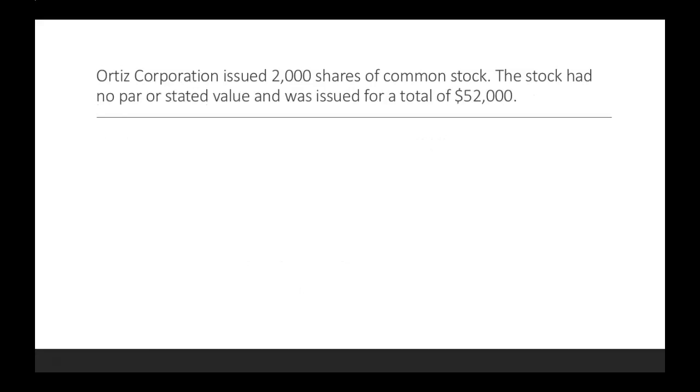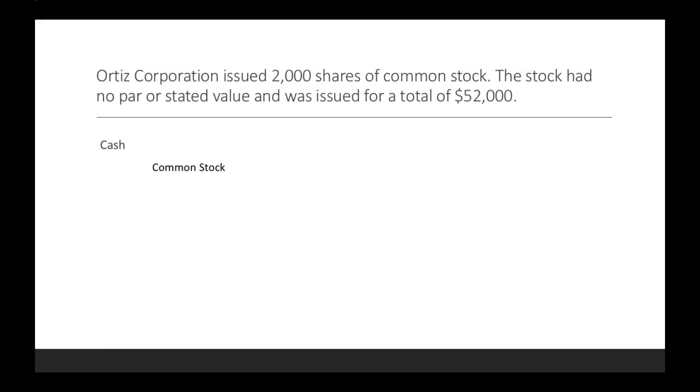Now the next part, the stock had no par or stated value and was issued for a total of $52,000. Once again, we're getting cash. And why are we getting this cash? Because we issued stock. So we debit our cash and we credit common stock. Now, in the last example that we did, we credited an account called paid in capital in excess of par.